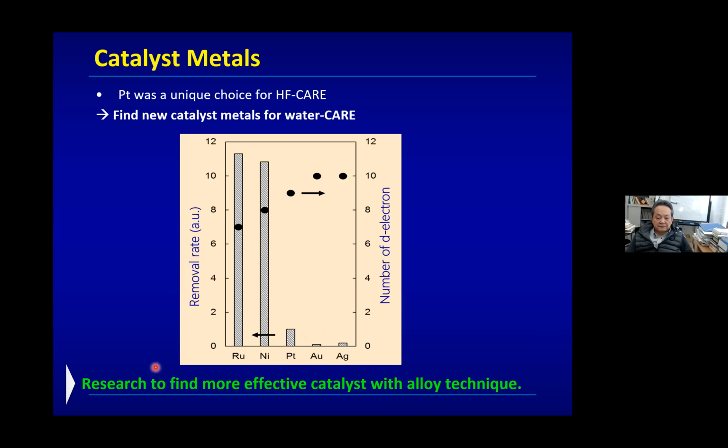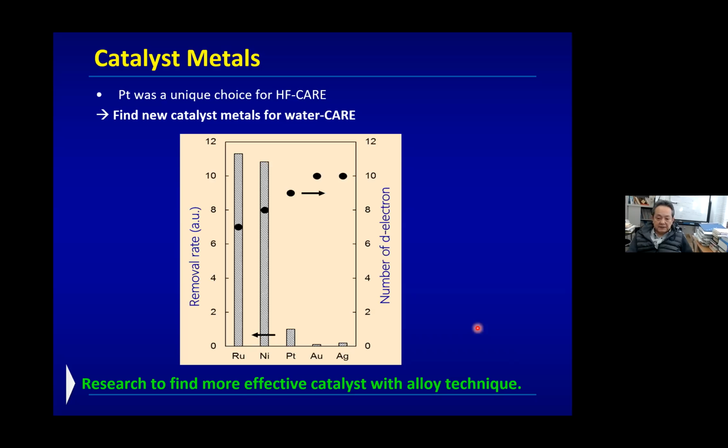So now we are trying to find a more effective catalyst by using alloy techniques, first principles calculation, and our experimental methods. In the near future, this water CARE method will become more effective by finding a new appropriate catalyst. This is our future research plan for the improvement of the CARE process.